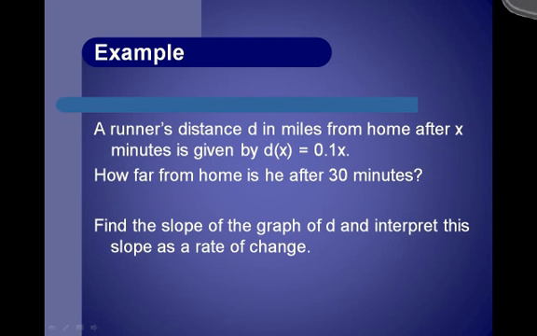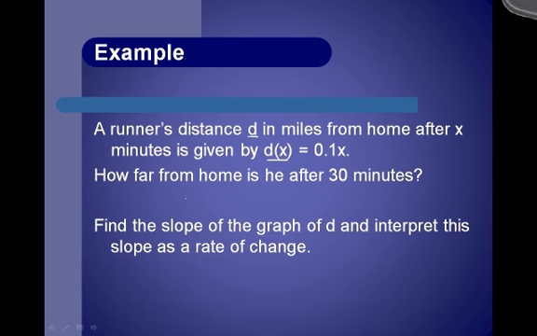Another example: a runner's distance d in miles from home after x minutes is given by the formula d of x equals 0.1x. How far from home is he after 30 minutes? Well, the formula d of x is the number of miles from home after x minutes.